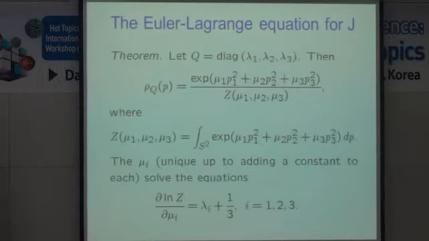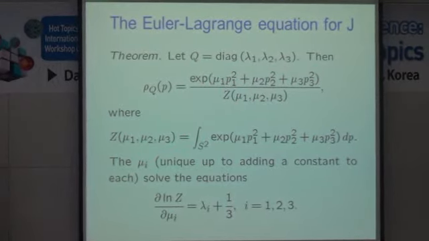So the Euler Lagrange equation for J is in fact given in the following way. You can, without loss of generality, suppose that you've diagonalized Q, so here are the eigenvalues, and then rho sub Q of P is given by this Maxwellian kind of thing, exponential of sum mu i p_i squared divided by the integral of that over the sphere, and the mu i's, which are unique up to adding a constant to each of them, solve this equation that the gradient of the logarithm of Z, the partition function, is equal to lambda i plus 1/3.